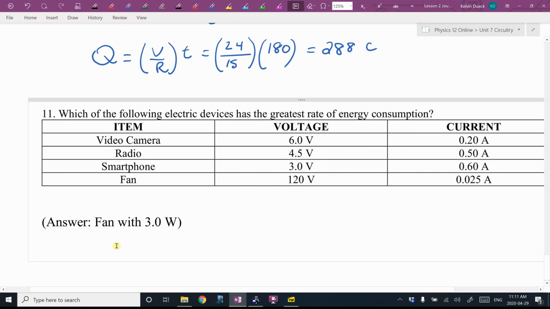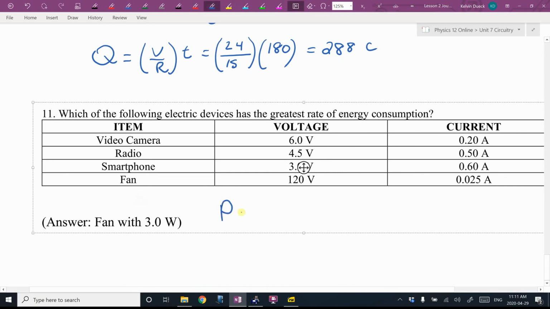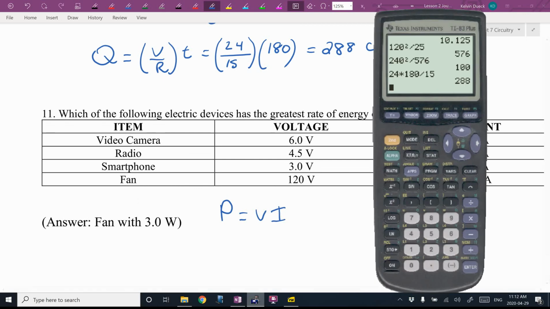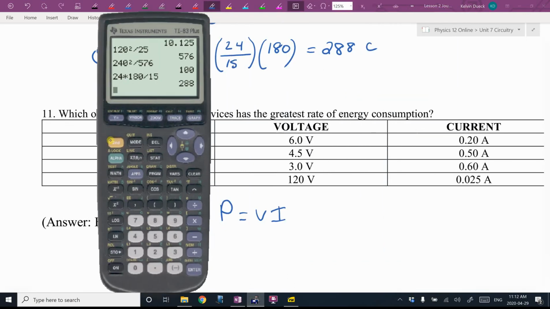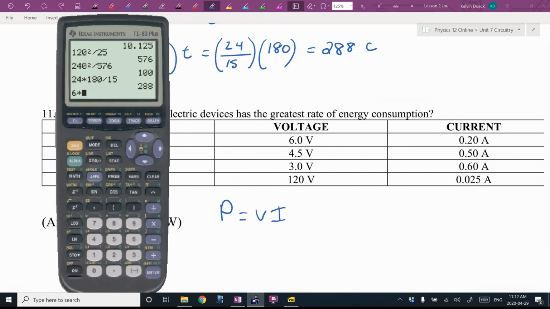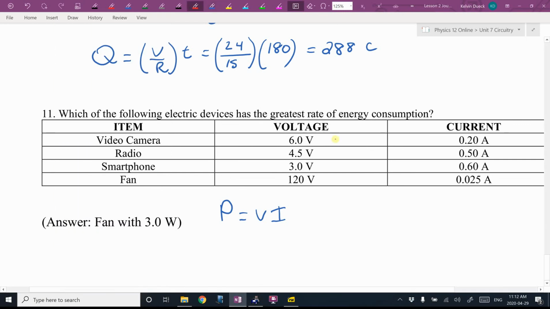Well, for all of these, power equals V times I. So if I quickly crunch this, let's see, 6 times 0.2, I could have done that in my head. This is 1.2 watts. By the way, the rate of energy consumption, that's another word for power, because power is how fast you're using up energy, joules per second.